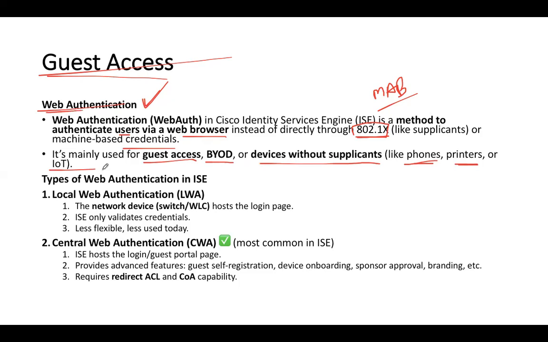There are two types of web authentication in ISE. One is local web authentication, and the second is central web authentication. Central web authentication is very common in ISE, but we also have local web authentication.